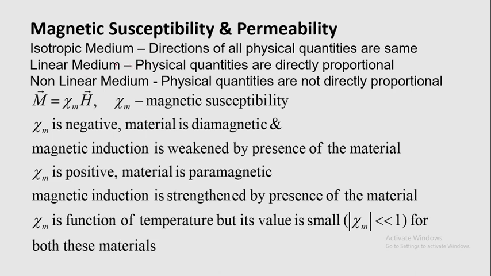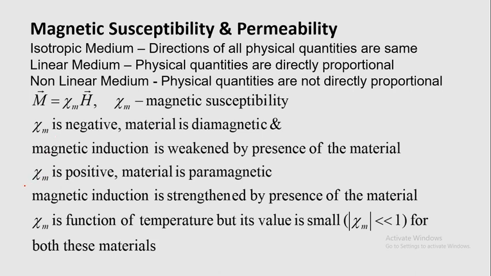If you plot a graph, you'll not get a straight line, you'll get a curve like this. It is not linear. If you try to find the slope at each and every point, the value of that slope will be different. That means mu will be different. B equals mu H. So this is not a linear material.